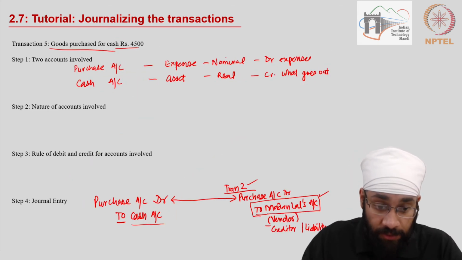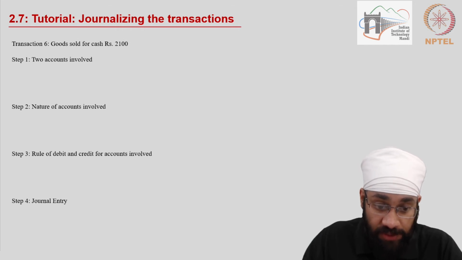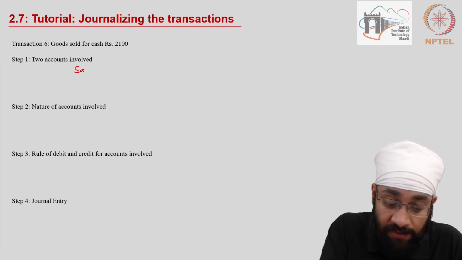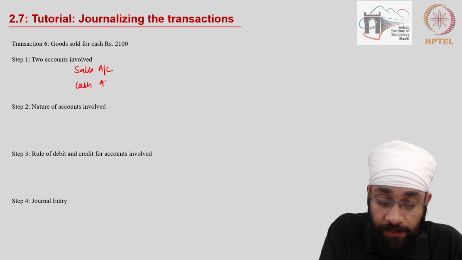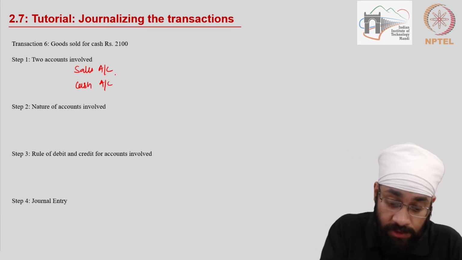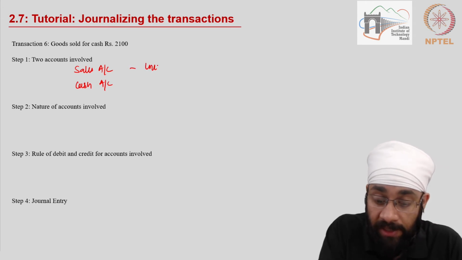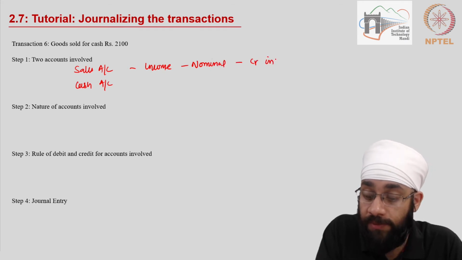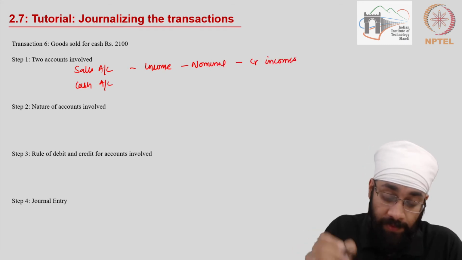All right, let's go to transaction 6. Goods sold for cash. Now we have the cash transaction. You have sales account and you have cash account. Again, it is cash, no vendor is involved. The sales account, being an income account, is a nominal account and we credit all incomes and gains.